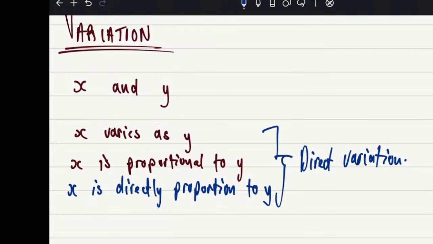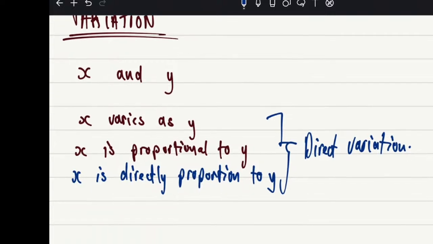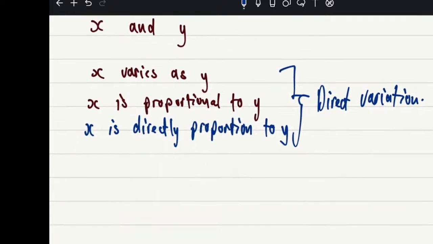Class, we have two types of variation: direct and indirect, or inverse. Direct and inverse variation. If you are told x varies as y, or x varies as y squared, this is all direct variation. What you do, you convert this sentence into an equation.